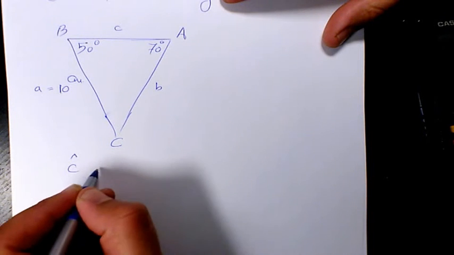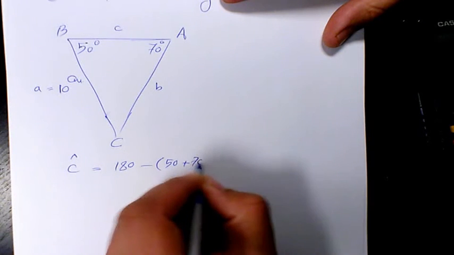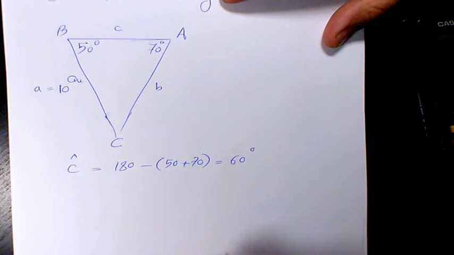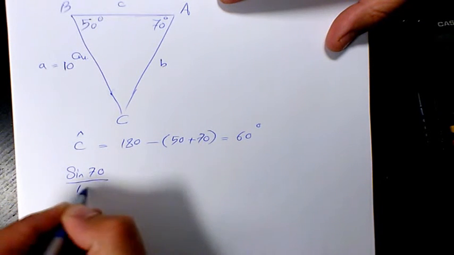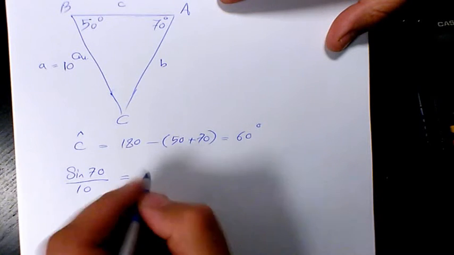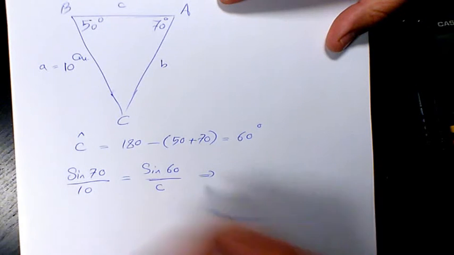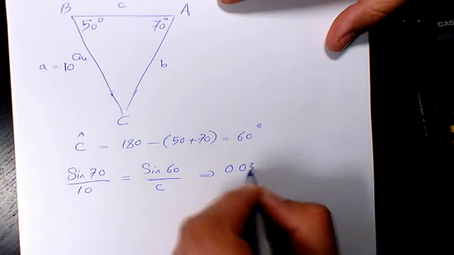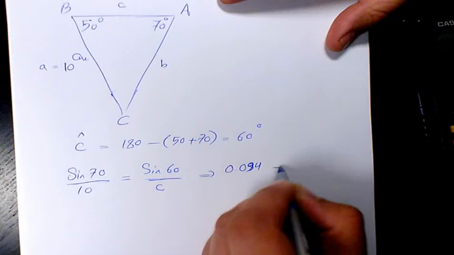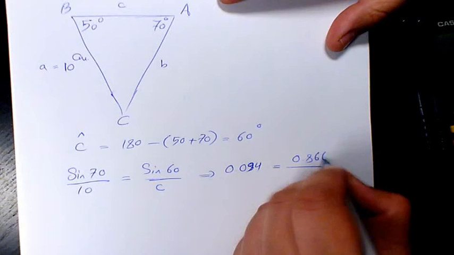So angle C is gonna be 180 subtract 50 plus 70, which is gonna be 60 degrees. So sine 70 divided by 10 equals to sine 60 divided by c. So sine 70 divided by 10 is going to be 0.094 equals to sine 60, 0.866 divided by c.